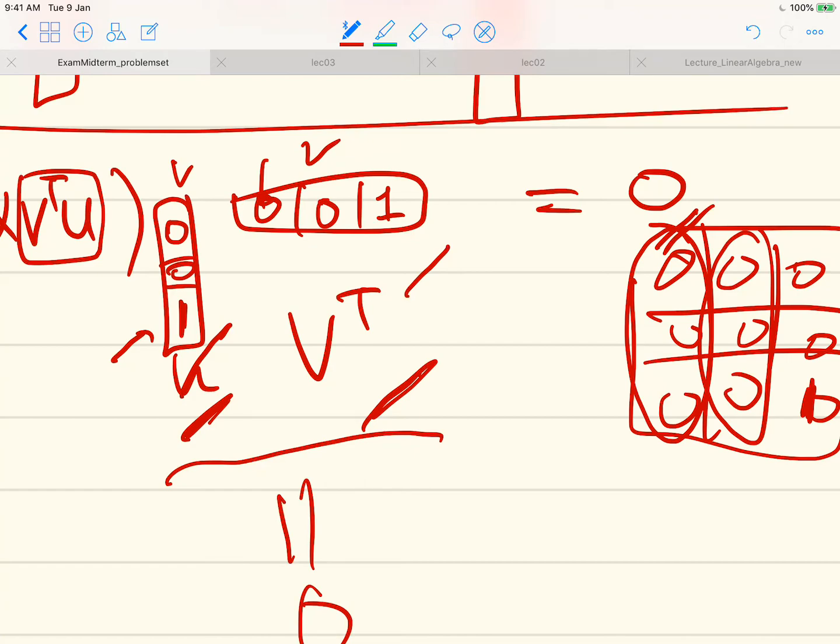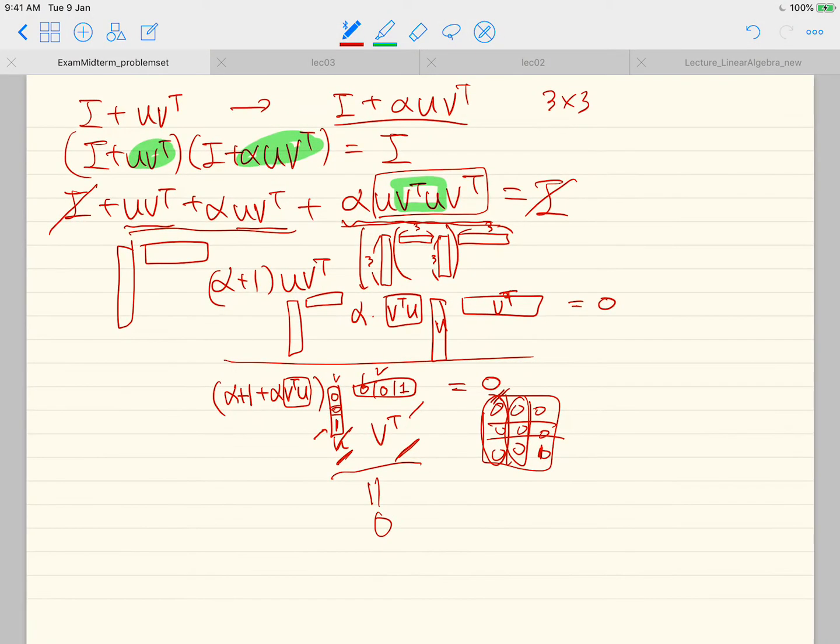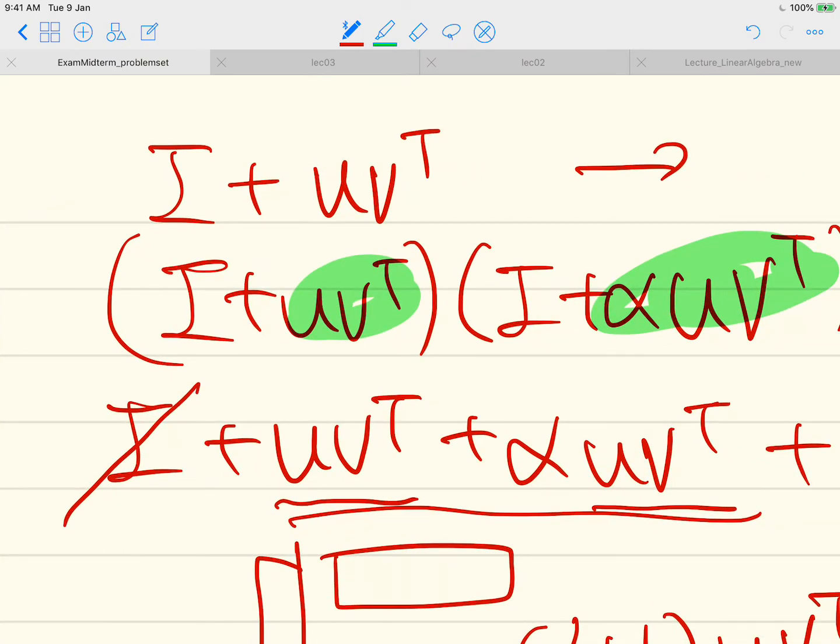If one of u or v is 0, then we are just adding 0 as this outer product to the original form I plus u v transpose, and it will be just equal to the identity matrix.